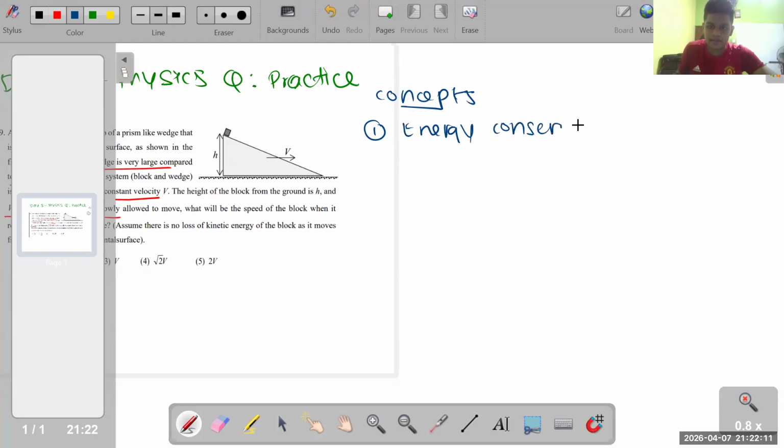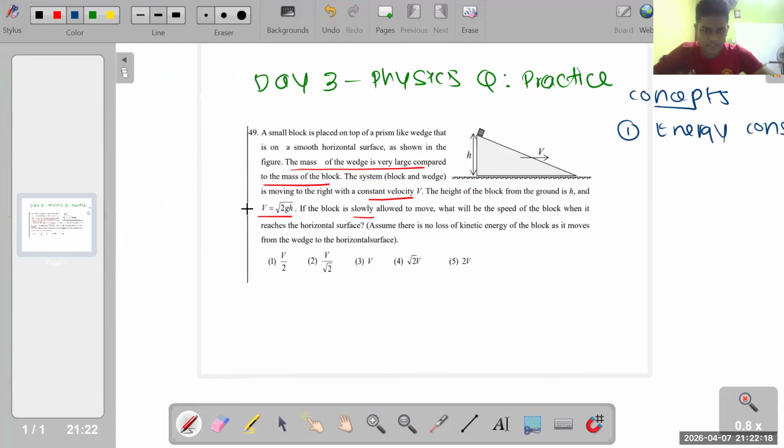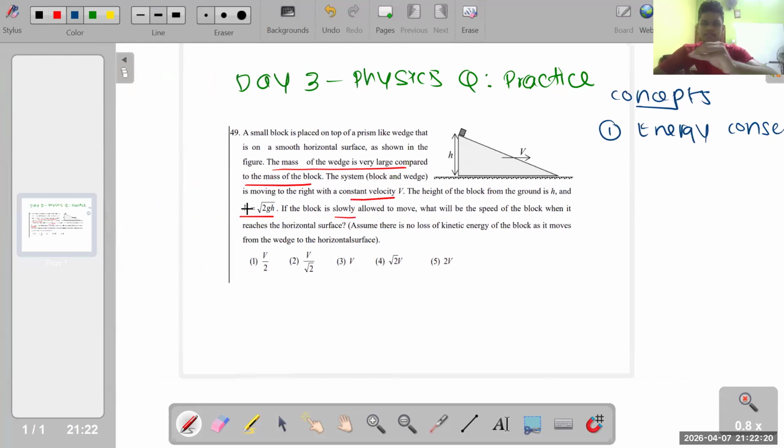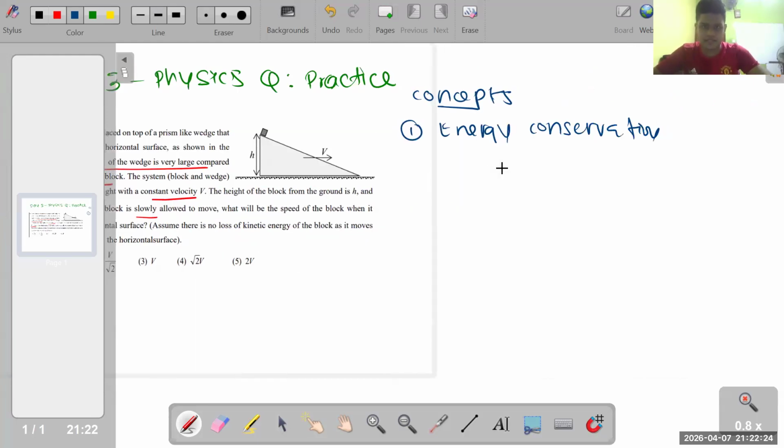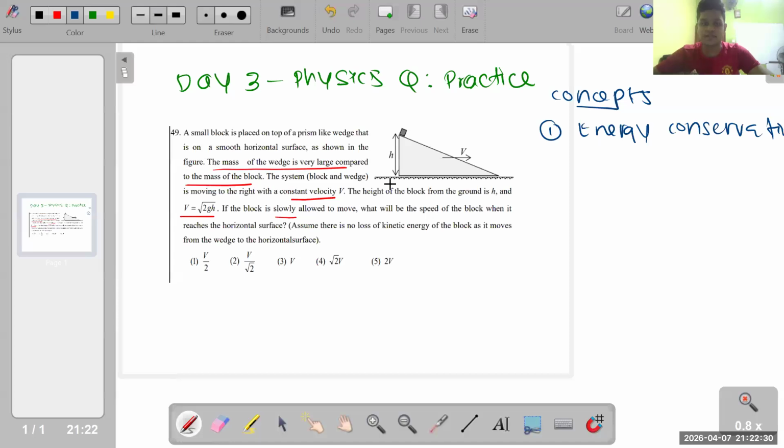If we just analyze the question, we can identify that there is energy conservation related here. After that, when we are doing the workings, let's see if there are any new things that we can apply.